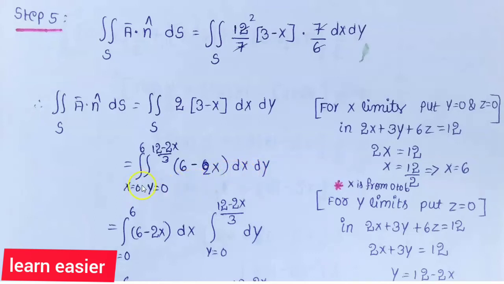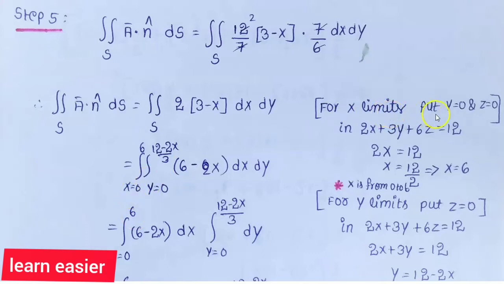For finding the x limits, we take the lower limit as 0, because we have taken the surface of the plane from the origin, so the lower limit is x equal to 0.